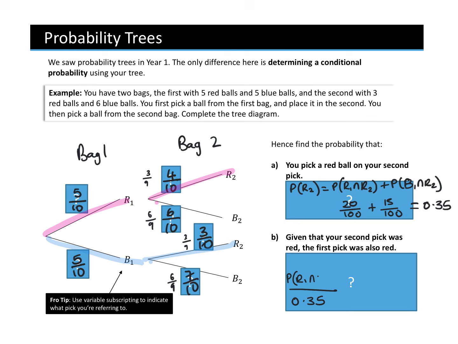So that's R1 intersection R2, which is 5 over 10 times 4 over 10, which we know, 20 over 100, I don't know why I put 200, sorry. 20 over 100 divided by 0.35, because we just want red, red, divided by 0.35, which gives me 4 over 7.